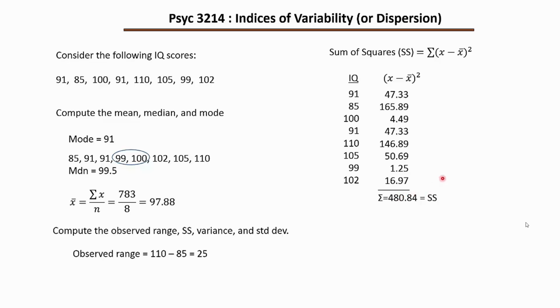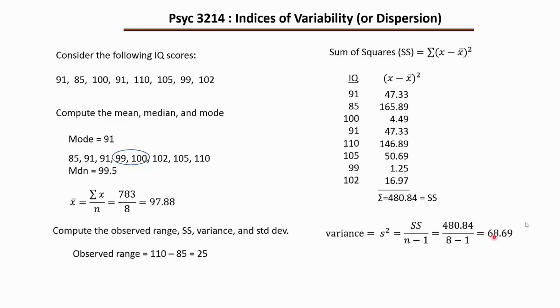So let's convert it to something a little more user-friendly. We can start with the variance, so that's a little less squared, and that's simply the sum of squares over n minus 1, so 480.84 over 8 minus 1, or 7, and that will give you 68.69. So now the variability about the mean, kind of on average, is about 68 or 69 squared units, IQ units.